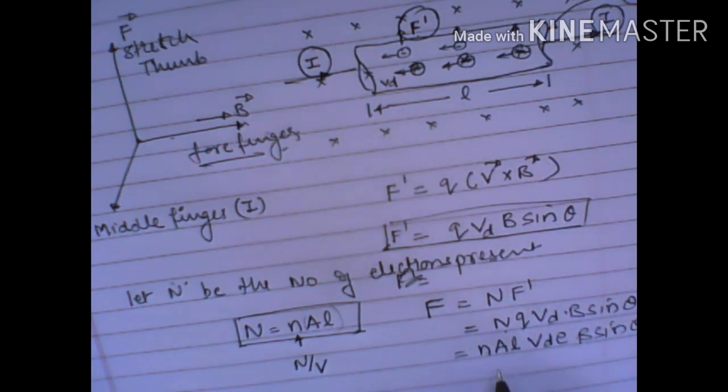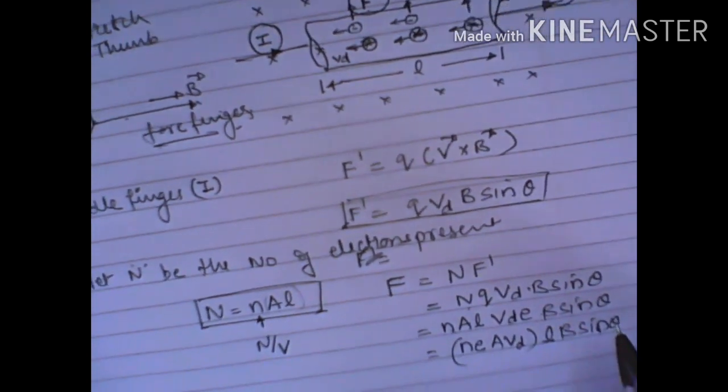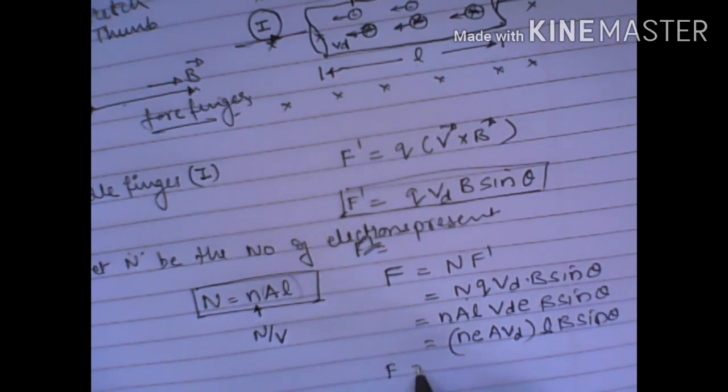So I know n e A VD is current I. What is remaining here? L B sine theta. Yes, so the force F comes out to be I B L sine theta.